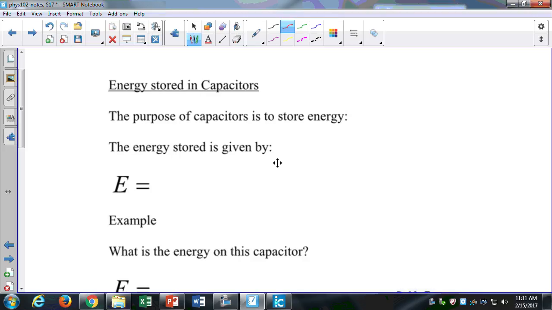But the purpose of capacitors is to store energy. In fact, capacitors really have two purposes. The primary purpose is to store energy, so you can put charge on a capacitor and then save it for later. Like that capacitor I passed around, the 4 farad thing, that huge thing.